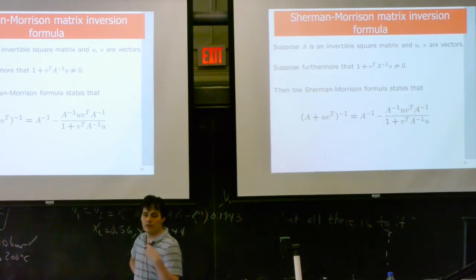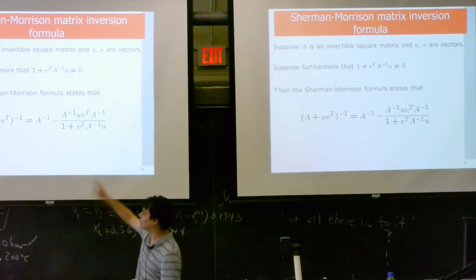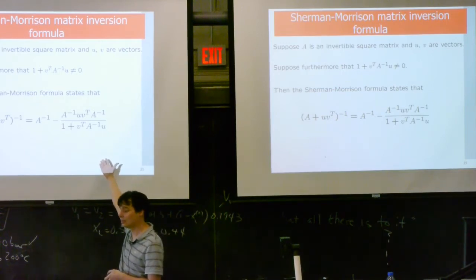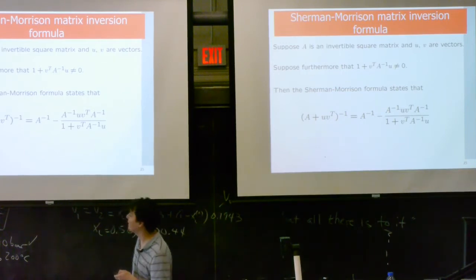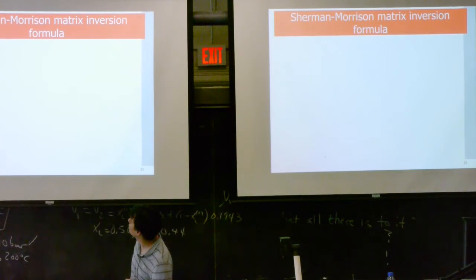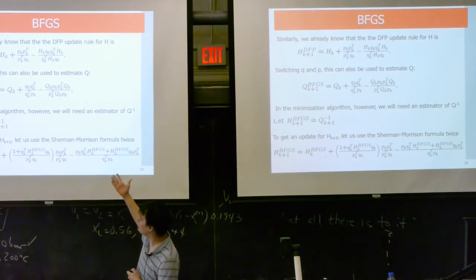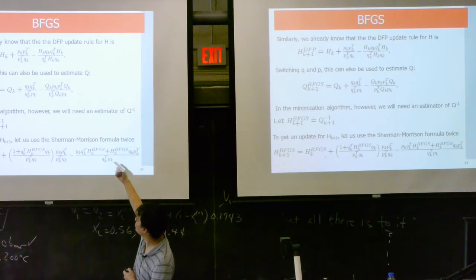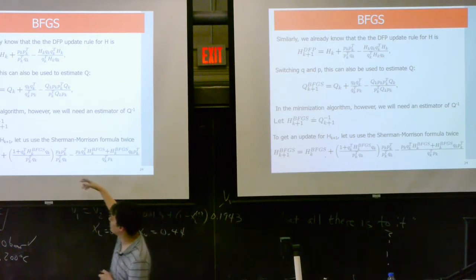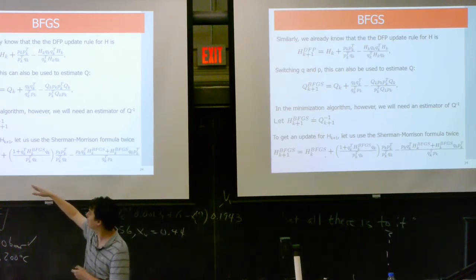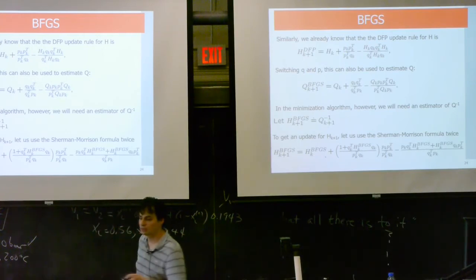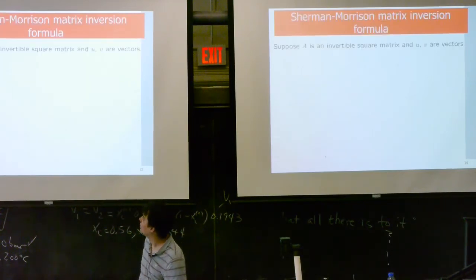The problem is that now we have a rank 2 update, so you just repeat this twice, and that's what BFGS does. So this is the algorithm. You update Q as you do in DFP, and then you do the Sherman-Morrison formula twice to get an update for the inverse of the matrix. And if you do the calculation, you will get this expression here.